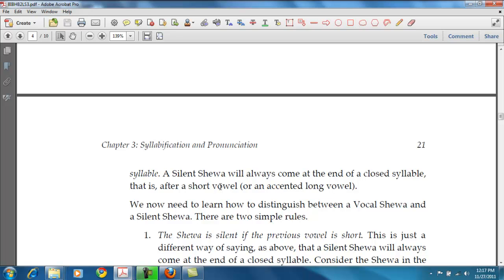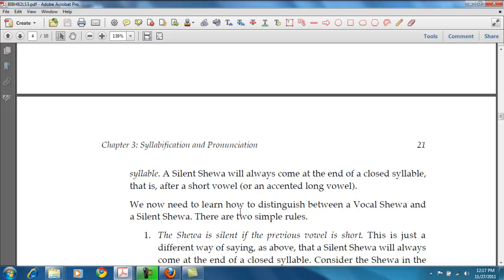But normally it is a short vowel. You will occasionally get it when you have an accented long vowel in that syllable, but that's not normally the case. The short vowel is more frequent.